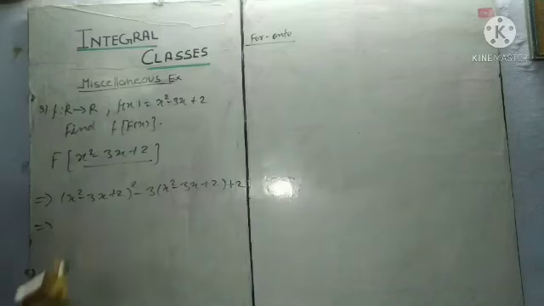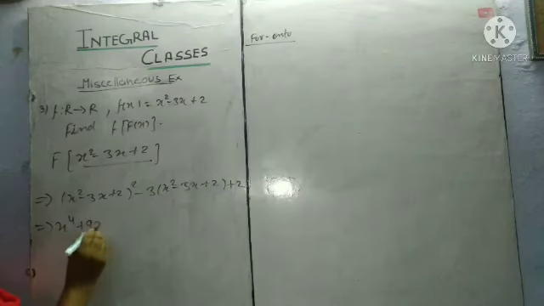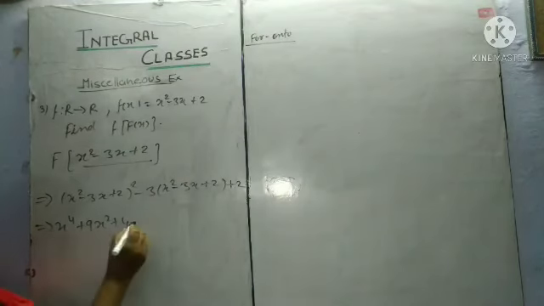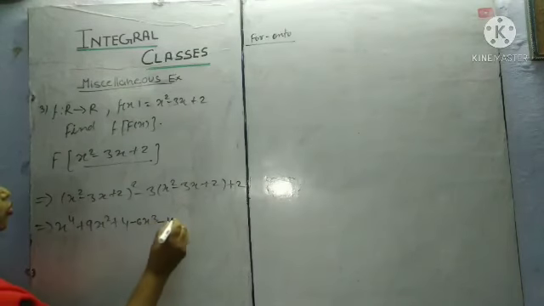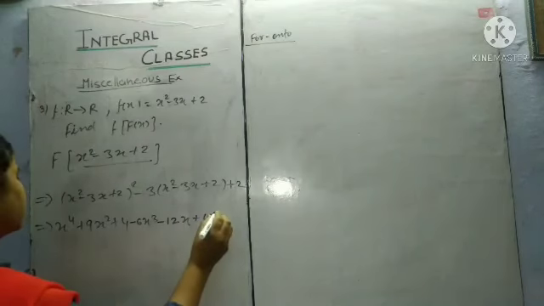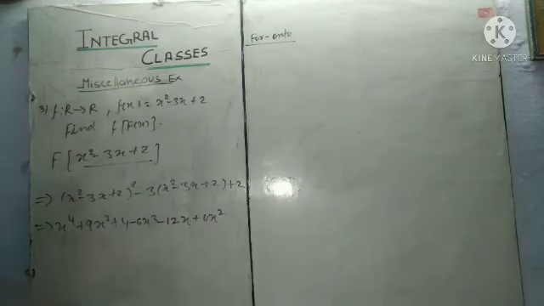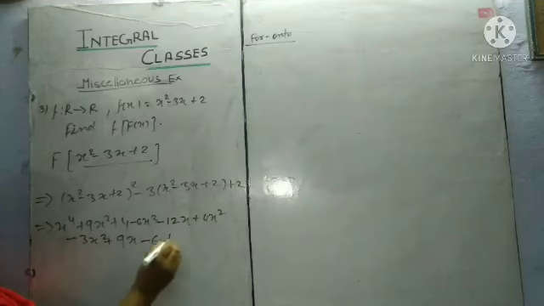Now we will open using the algebraic identity (a plus b plus c) whole square. It will become x4 plus 9x square plus 4 minus 6x cube, 2 times 3 is 6, minus 12x, 2 times 2 is 4, plus 4x square. Now we will multiply minus 3x square plus 9x minus 6 plus 2.